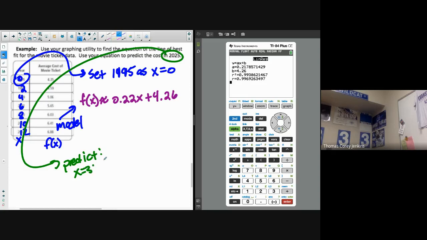If you plug in 2025, that's going to give you an answer that makes no sense at all, right? So if we find f of 30 then, that would just be 0.22 times 30 plus 4.26. And that is, you type that in, 10.86.